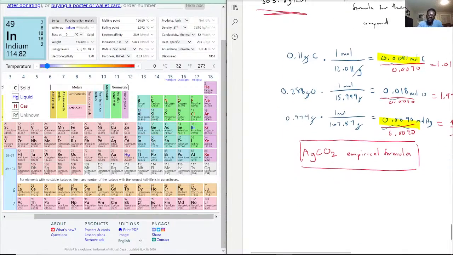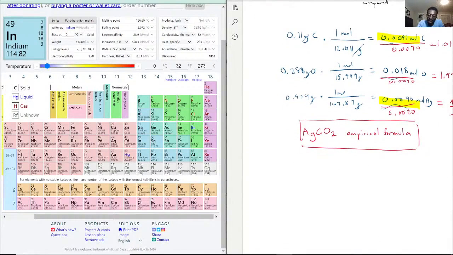So what we need to do now is get the mass of each one. The constituents: Ag is 1, C is 1, and O is 2.